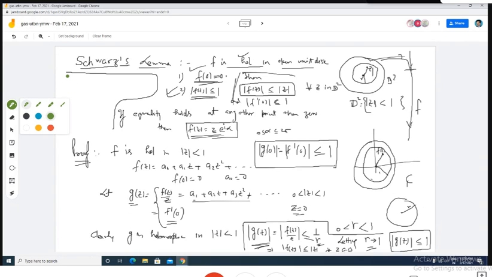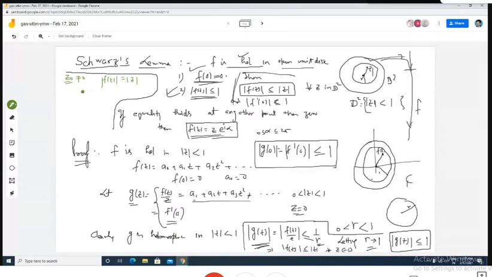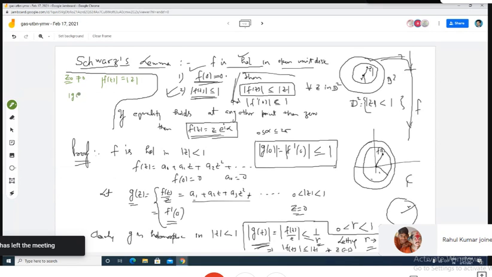मान लीजिए कि कोई z0 पॉइंट है जो जीरो के अलावा है, such that modulus of f(z) is equal to modulus of z, right? So what about this modulus of g(z)?